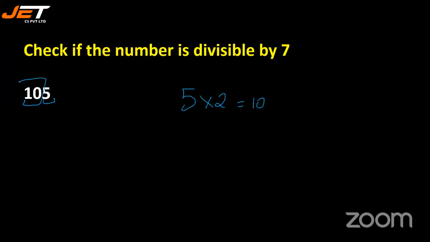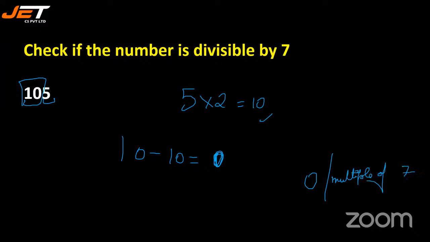And the remaining one is 10. 10 minus 10 is 0. So remember the condition, it should be either 0 or multiple of 7. And here I have got 0. So that's why this is divisible by 7.